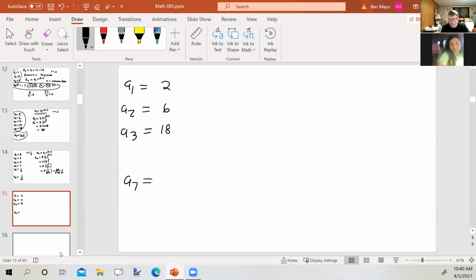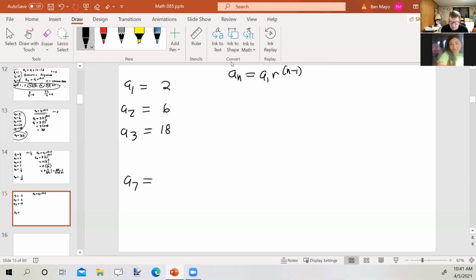Okay, now they told us the first term, but they didn't tell us the common ratio. We're going to use the geometric sequence formula, a sub n equals a sub 1 times r raised to the n minus 1 power. I need to find r. Recall a few minutes ago I said the way to find r is to take any term in the geometric sequence divided by the previous term.